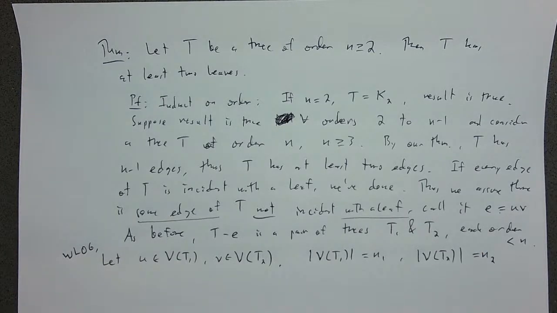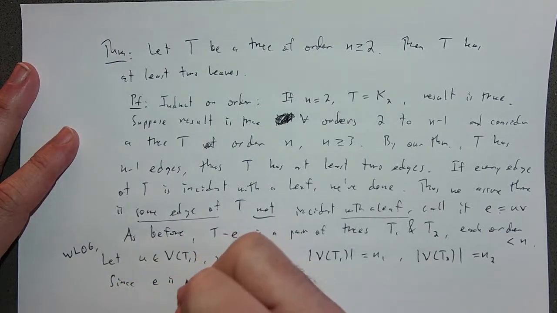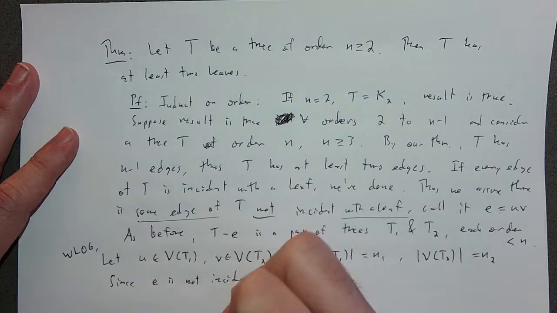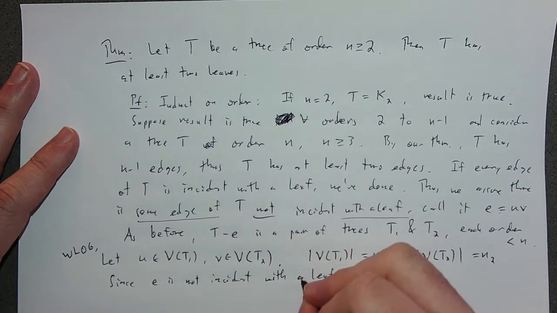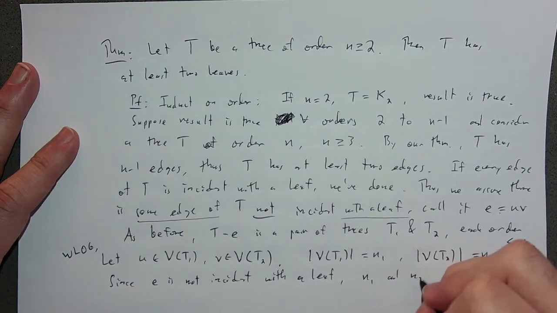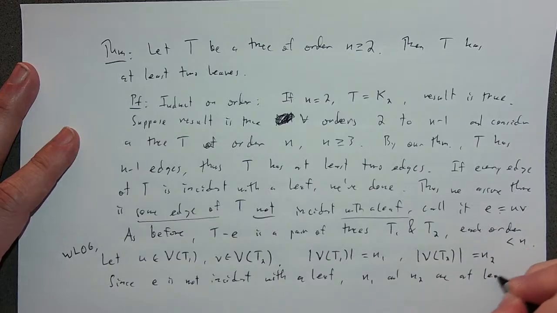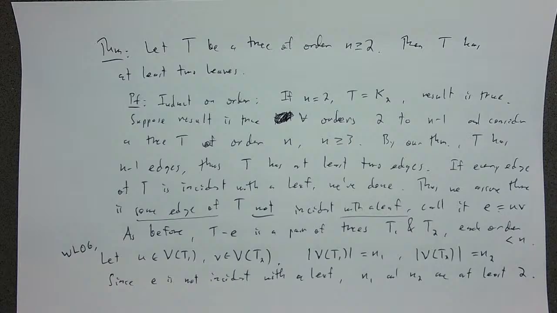Since this is the case, we know that N1 and N2 are at least 2. If they were not at least 2, the only way for that to happen is E being incident with a leaf, because if they were 1, then E would be incident with a leaf. That one vertex would be a leaf in the tree.